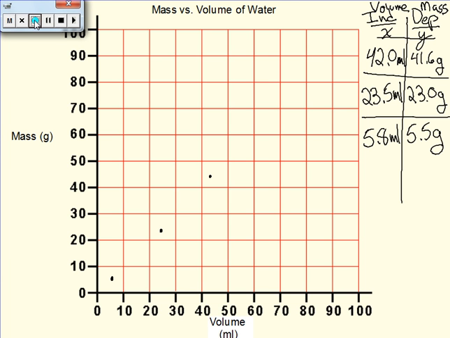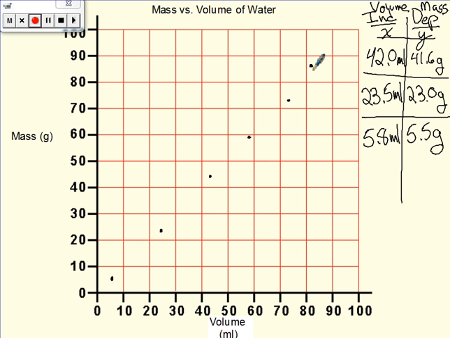Now that we have the points plotted, and you would have some more that might look something like this, the next thing we have to do is determine what kind of pattern is there. Well, it appears that we have a line. So we can make the conclusion that there's a linear relationship between the mass and the volume.